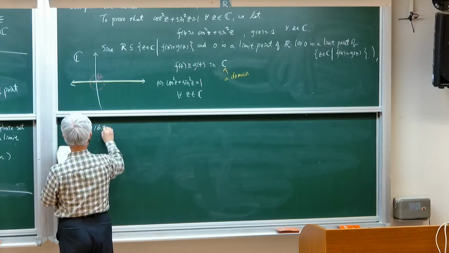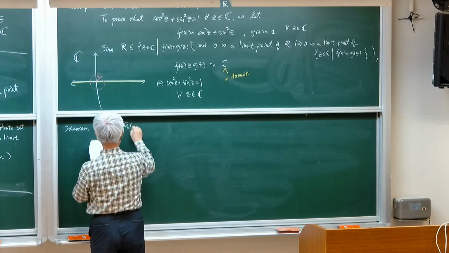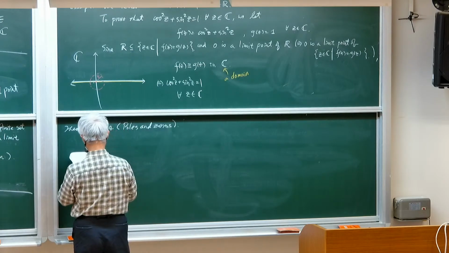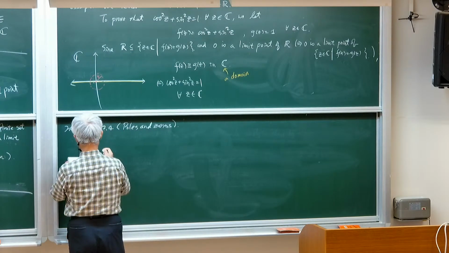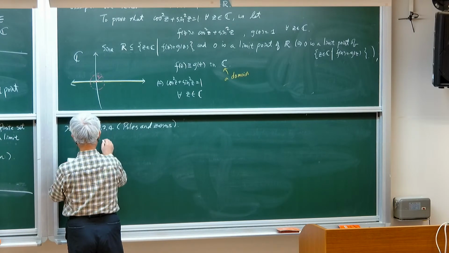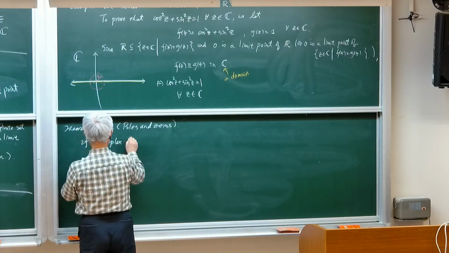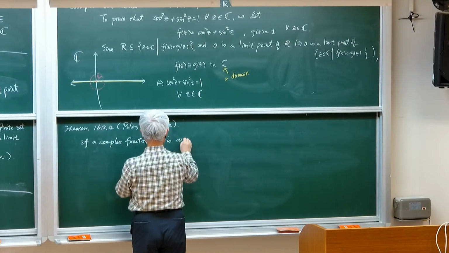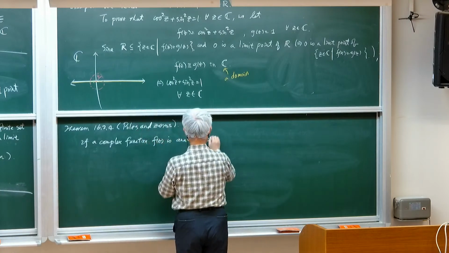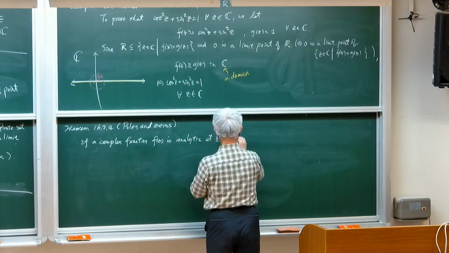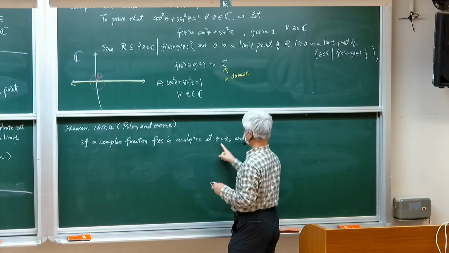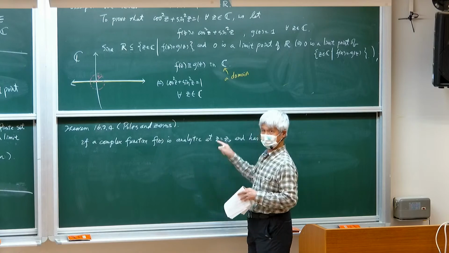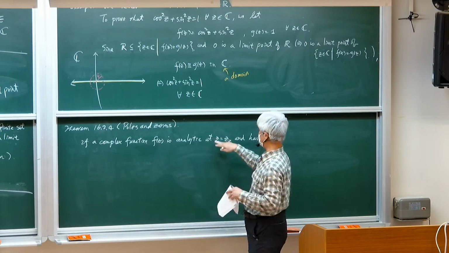The next theorem concerns poles and zeros. If a complex function f of z is analytic at z equals z0, which means that f is differentiable in a whole neighborhood of z0, so it is analytic in a neighborhood of z0.